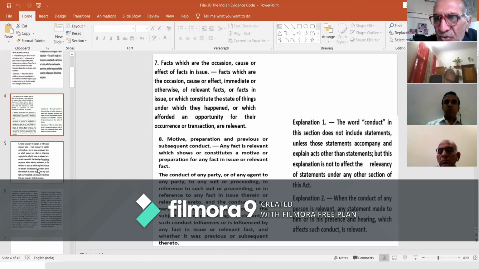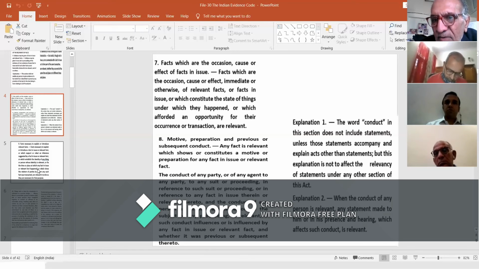When we proceed further, we will see that Section 17 onwards of this chapter relate to admissions and statements. Therefore, it has been made specific here itself that the definition of conduct being given here is meant for, and restricted up to, the interpretation of Section 8 only.